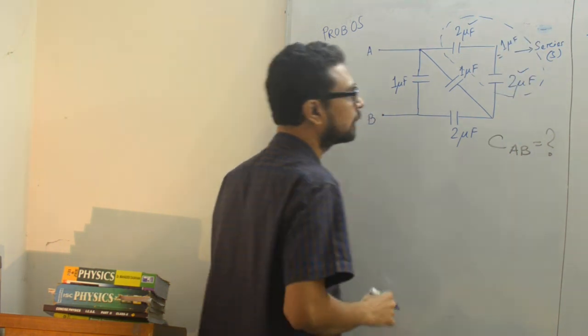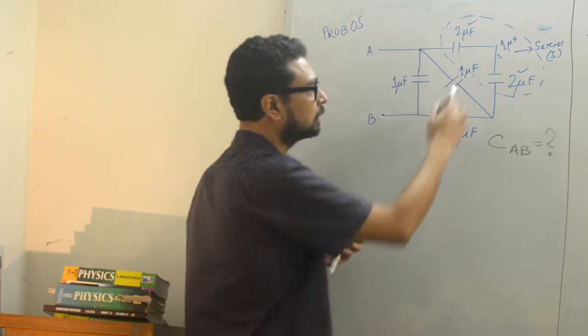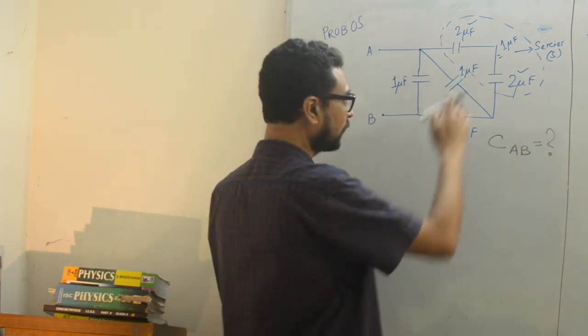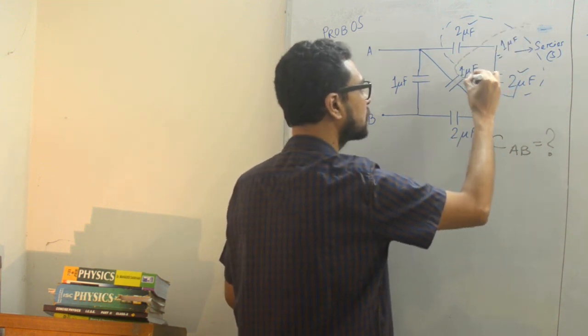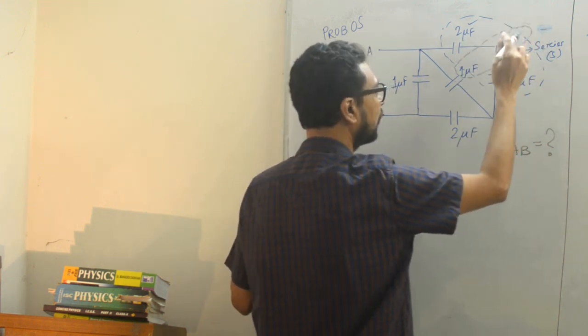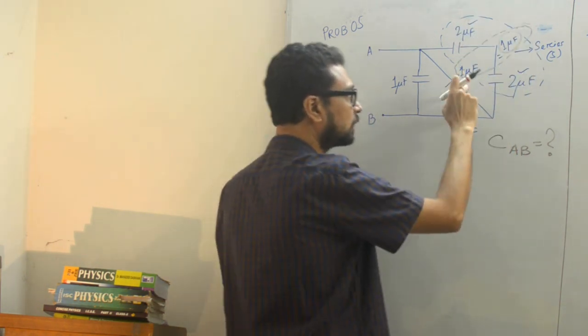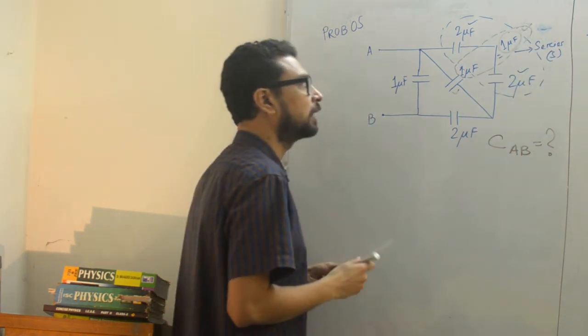So now you can understand that this one and this one are in parallel. Effectively, please understand, we have got this after solving these two in series, and now this capacitance and this value are in parallel.